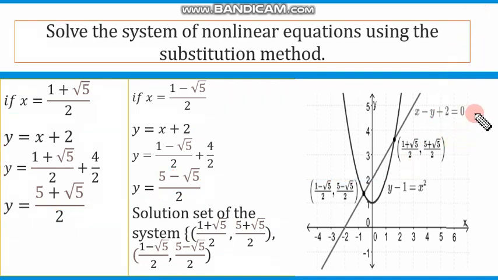These are the points of their intersection: 1 minus square root of 5 over 2 and 5 minus square root of 5 over 2, and 1 plus square root of 5 over 2 and 5 plus square root of 5 over 2.